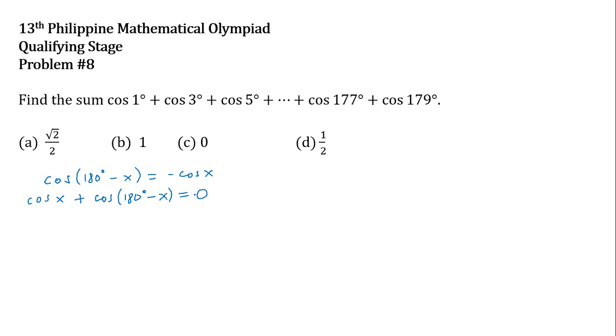Now if we substitute x equals 1 degree to this identity, we get cosine 1 degree plus cosine 179 degrees.